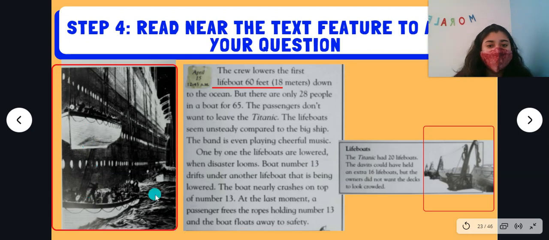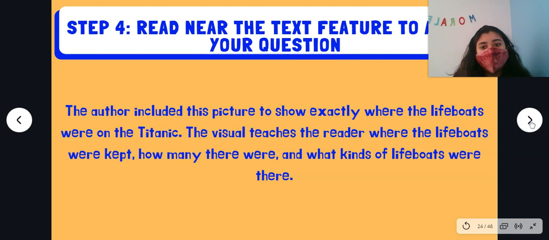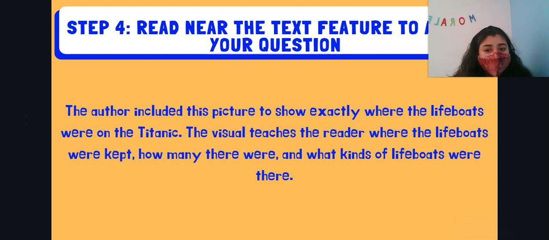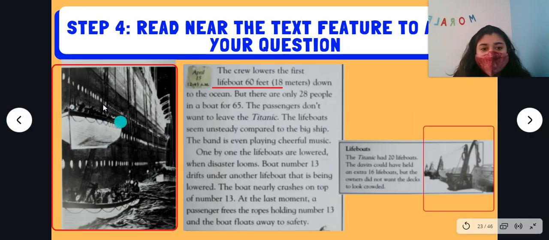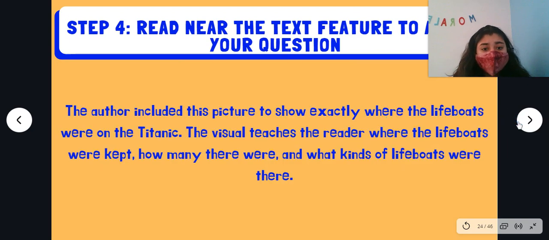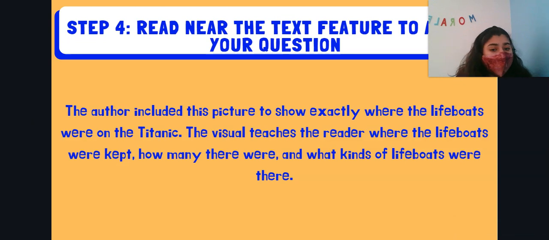It was used to lower people down into the ocean. So I think we're ready to answer our question. The author included this picture to show exactly where the lifeboats were on the Titanic. They were right here. And the visual teaches us, the readers, where the lifeboats were kept, how many there were, and what kind of lifeboats were there.